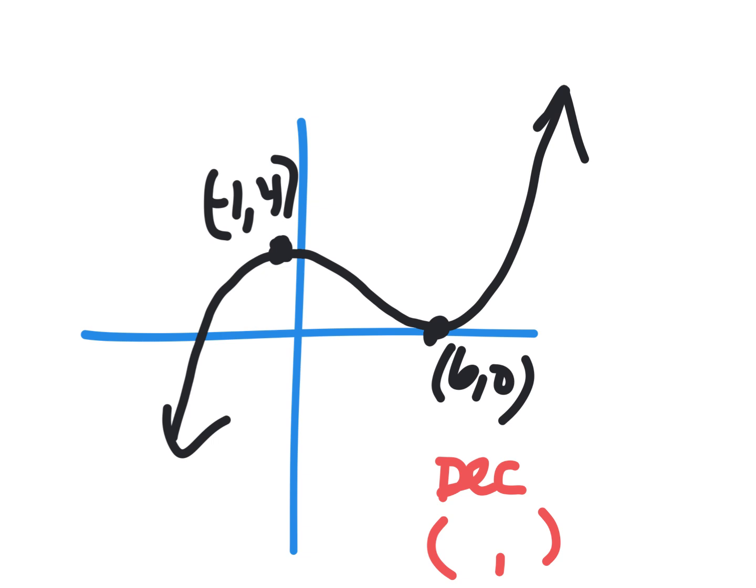If you have a short-term memory, you remember this is only about x's, and so you should have used only those 2 numbers. And if it's between here and here, it would be between negative 1 and 6. Raise your hand if you had that one right.